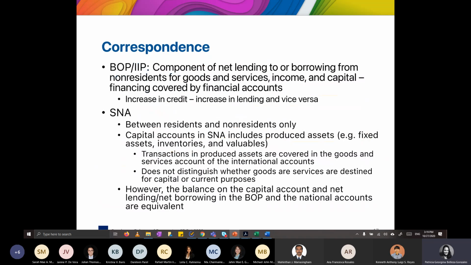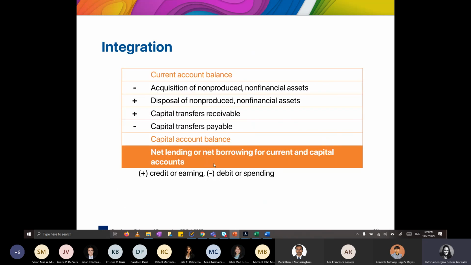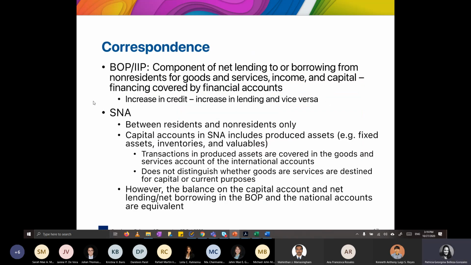So within the BOP and the IIP framework, the component of net lending to or borrowing from non-residents for goods and services, income and capital, so this component here, is financed by assets in the financial account. So its financing is essentially recorded or covered by the financial account.